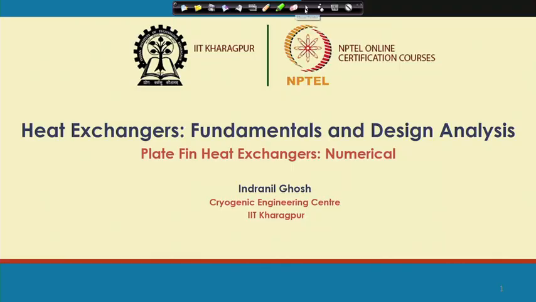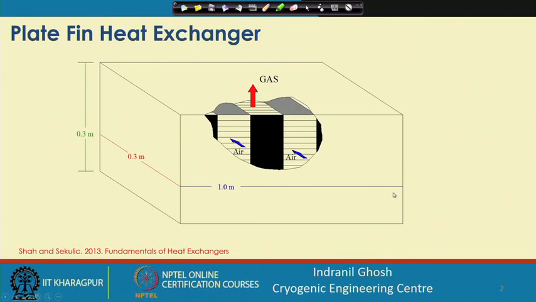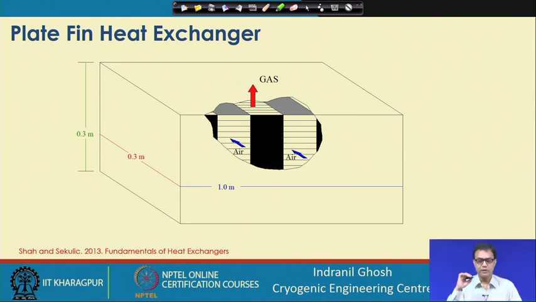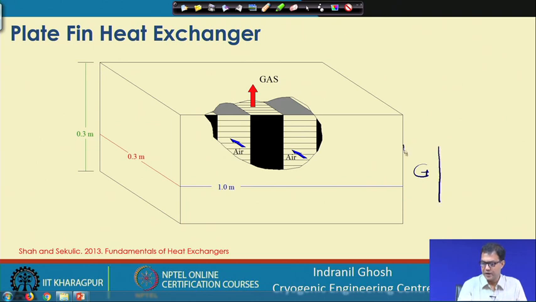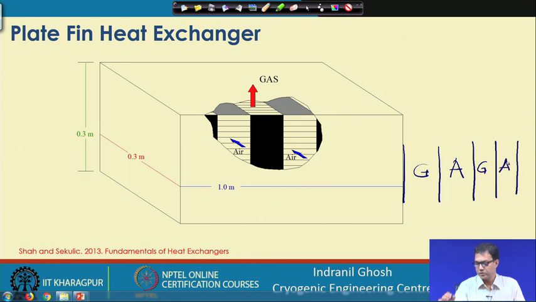While doing that, we will find that we have alternate layers of air and gas. Say we have a gas stream, which we call G. Then we have one passage designated for G, the next passage is designated for air, then again G, then air.